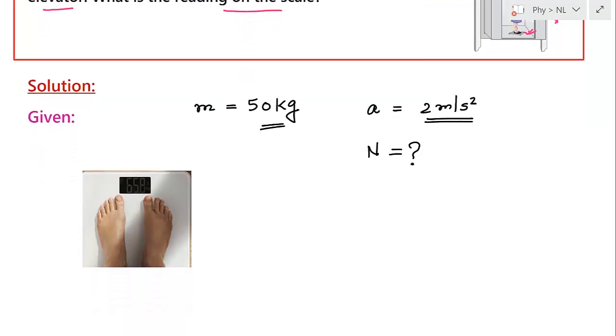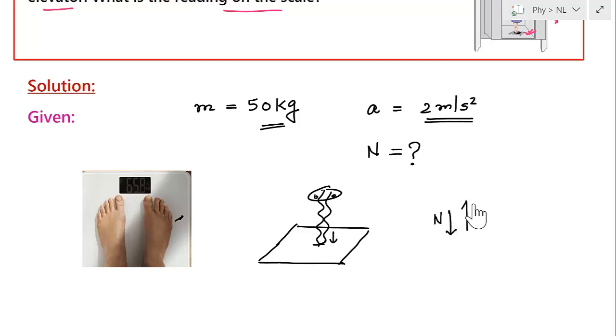So to further illustrate this, basically when you stand on any weighing scale, you try to push this weighing scale. So you are trying to apply a force. So if you consider, let's say this is your weighing scale and you stand on this weighing scale. So what exactly are you doing? You are trying to push the weighing scale in the downward direction. Let's say the amount of this force is N and the same force, the normal reaction, is applied by this weighing scale onto you.